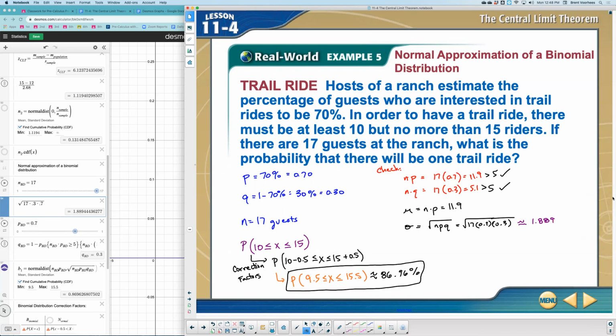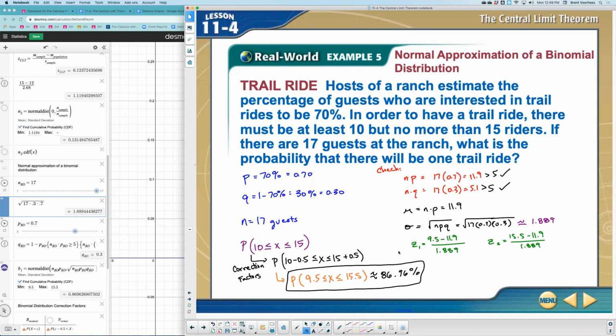And now if you wanted to find your z value, you would need to use these two x values, so we'd have two z values. Z1 would be 9.5 minus 11.9 divided by that 1.889. That would be your first z value. Your second z value for this problem, you would take 15.5 minus the 11.9 and divide that by the 1.889.